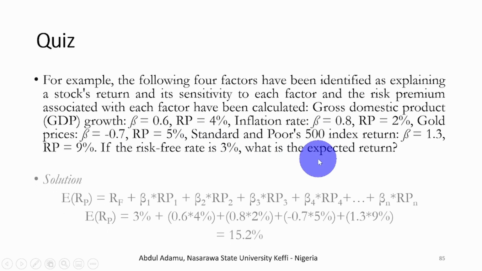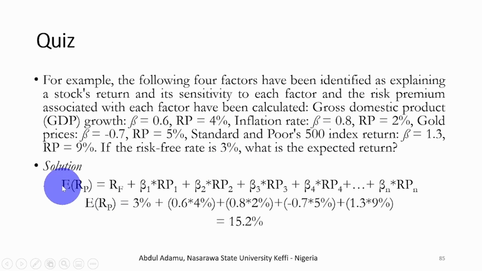So if we plug into our arbitrage pricing theory model, we can see the risk-free rate is 3%. That is the 3% here, plus beta 1. Our beta 1 is for GDP, 0.6. We multiply it by the risk premium of beta 1, which is 4%.